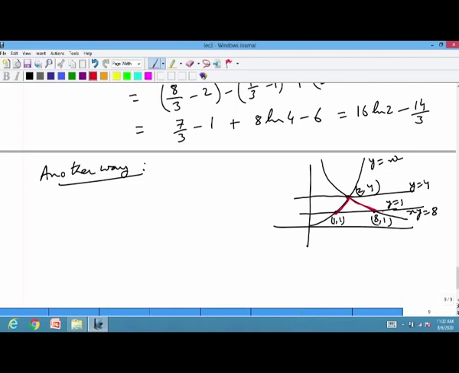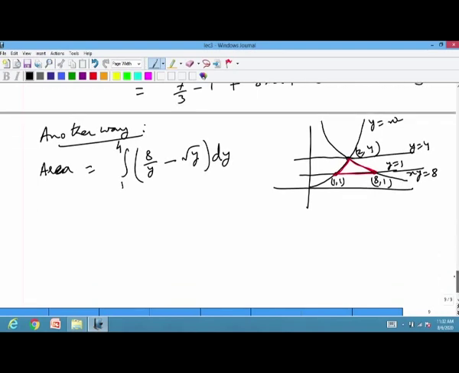So, this area I can write as, instead of integrating with respect to x, if I do with respect to y, the integral from 1 to 4 of 8 by y minus root y dy, since y equal to x square means x is equal to root y. So, the advantage here is that we can evaluate this as just one integral.